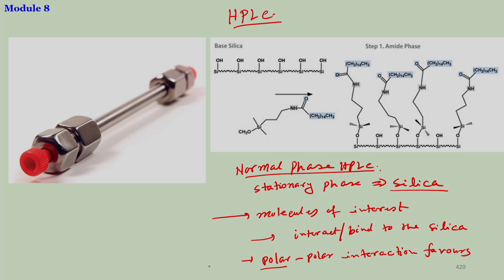Since this is a polar interaction, what kind of mobile phase will you need? The mobile phase is basically a solvent whose job is to break the interactions. If you want to break a polar interaction, what do you need? You need a very strong polar solvent, such as water. So in this case you need a polar solvent.